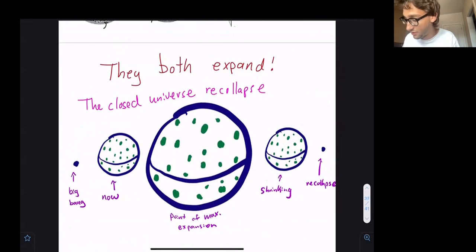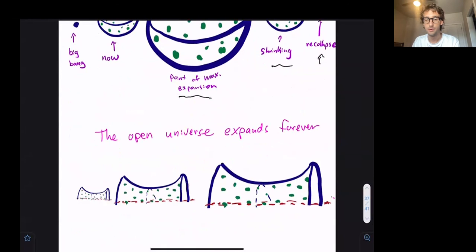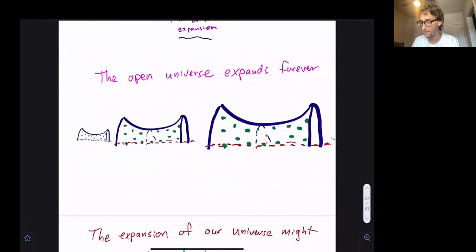So what happens if the universe is shaped like a ball? The universe will reach a maximum point of expansion, shrink, and then recollapse. But if the universe is negatively curved or flat, it will just keep on expanding forever.